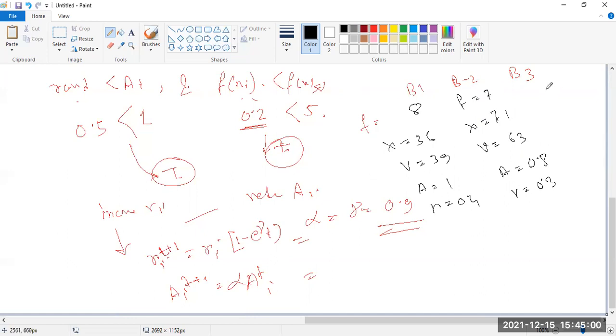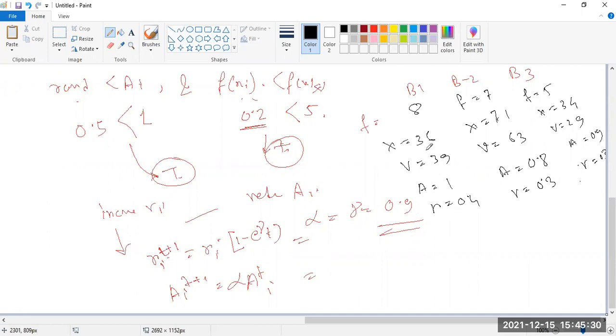And bat 3, f is the same as the previous time, x is 34, v is 29, and A is 0.09. It was not updated because it is the same. R is 0.03. It was also updated. So within this, you can see everything is the best.